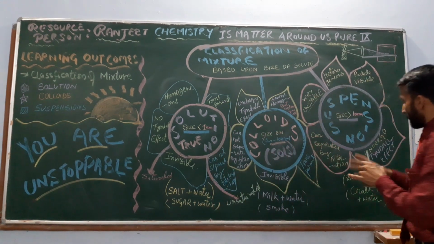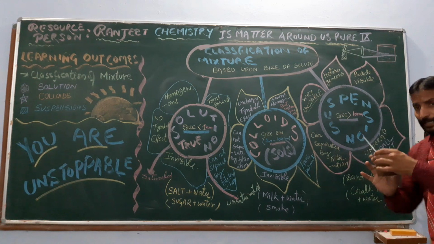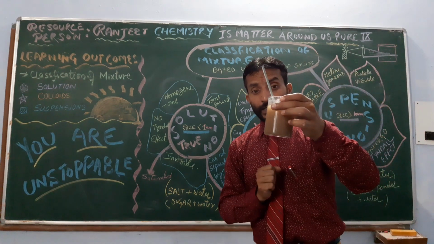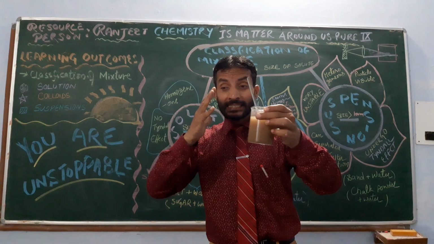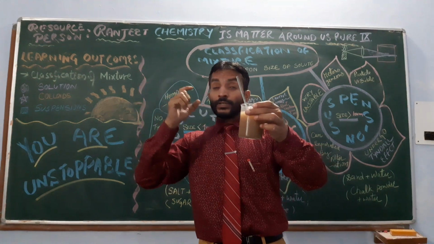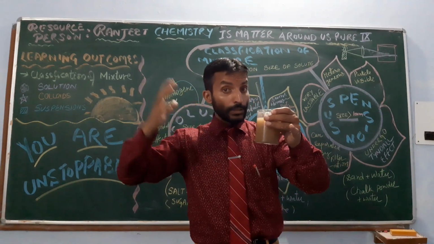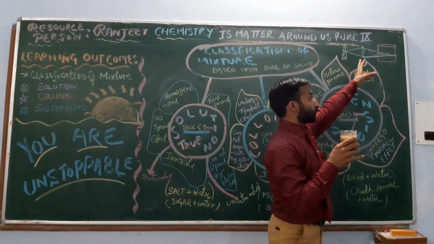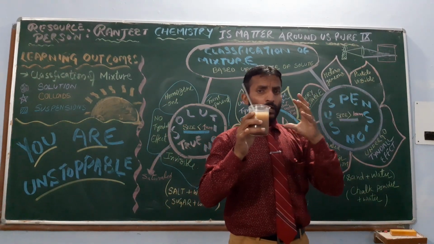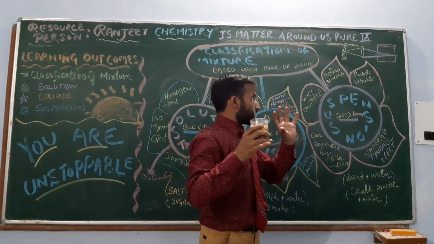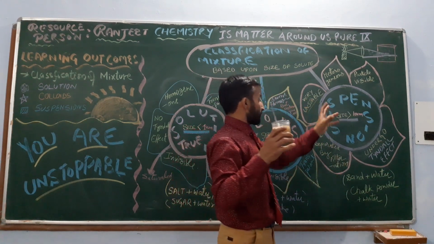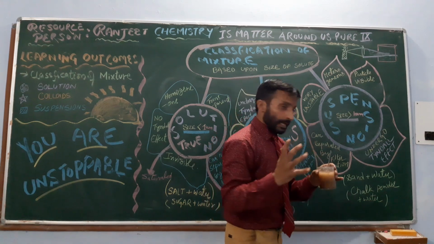I will discuss stability at last. It also shows the Tyndall effect because the size of the particle is in a range where the Tyndall effect can be shown. Light can be scattered, so the path is visible. So it also shows a good Tyndall effect.